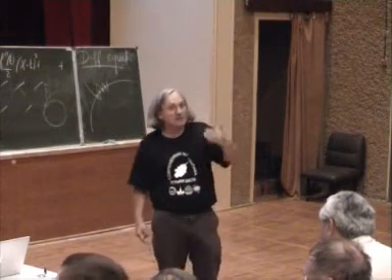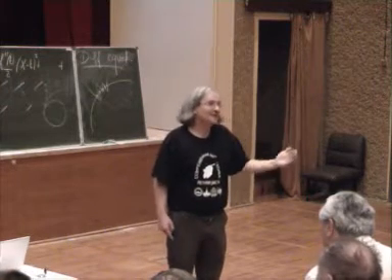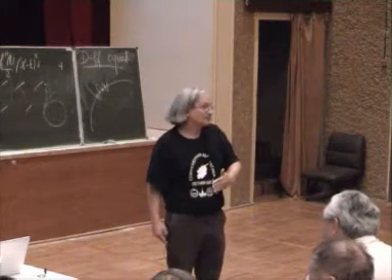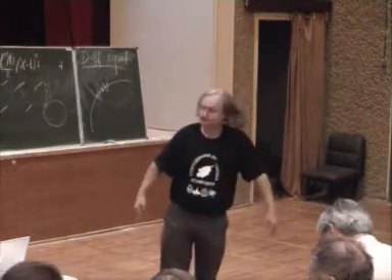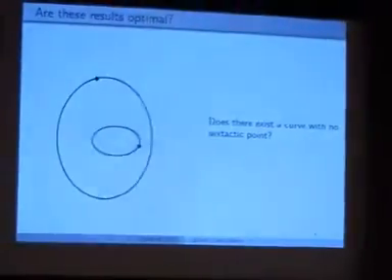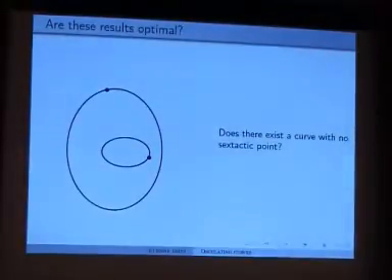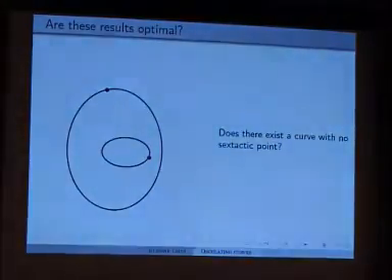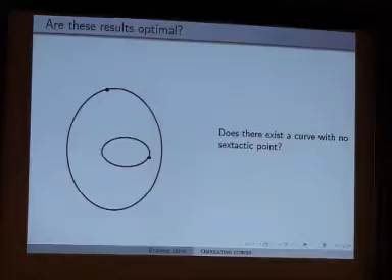A sextactic point is the analogue of a vertex for conics. Is it possible? In other words, the theorem I mentioned, that if you go along a curve, the osculating conics are nested, is it possible to improve it?